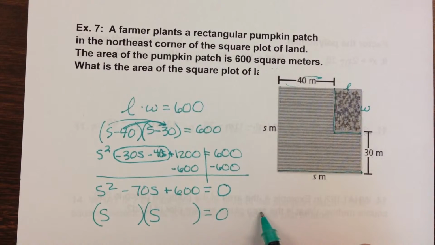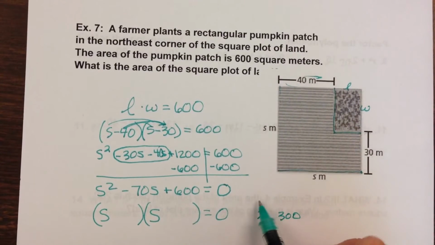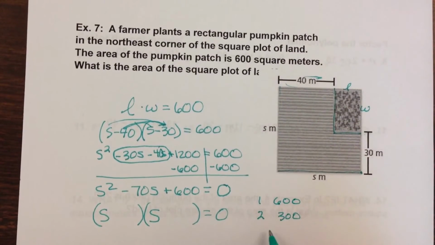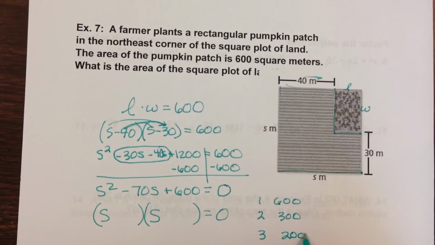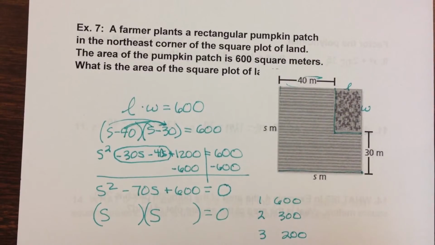I could have some easy ones to think of, or 2 and 300, 1 and 600, 3 and 200, 4 and 150, 5 and 120, 6 and 100. There's going to be a really long list here.